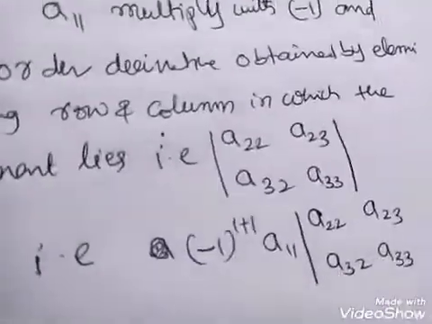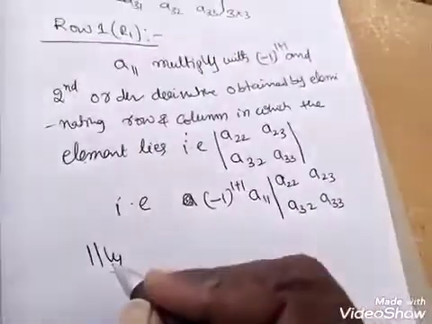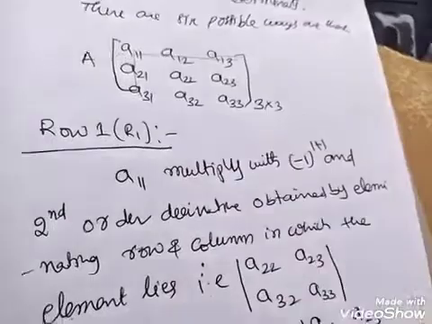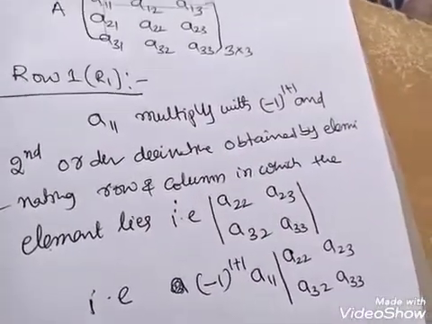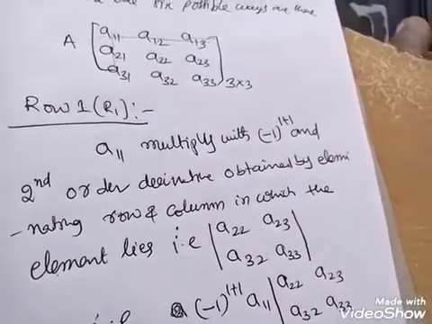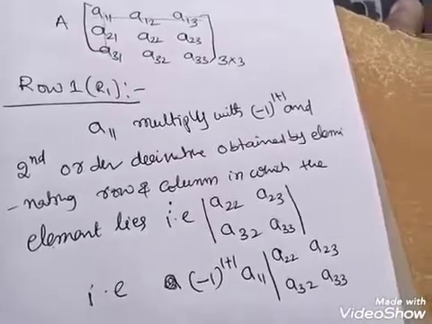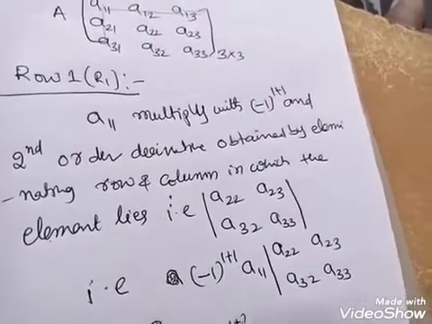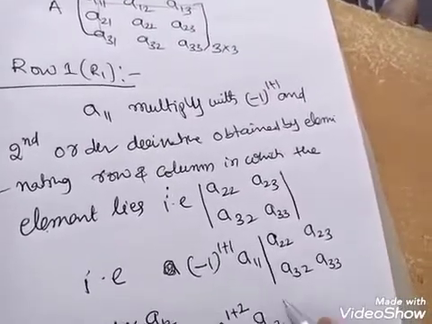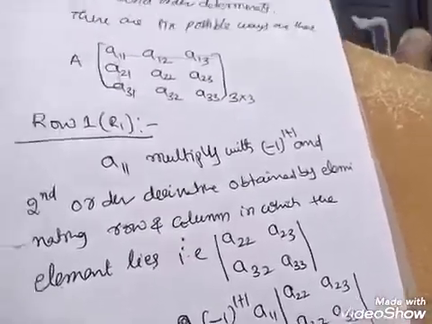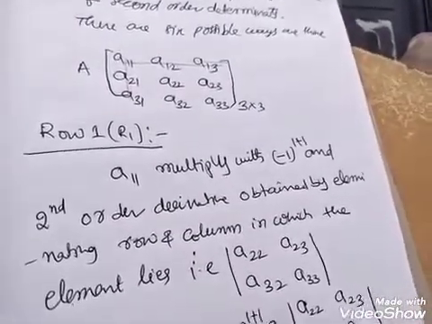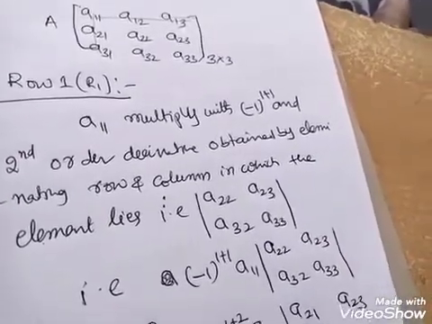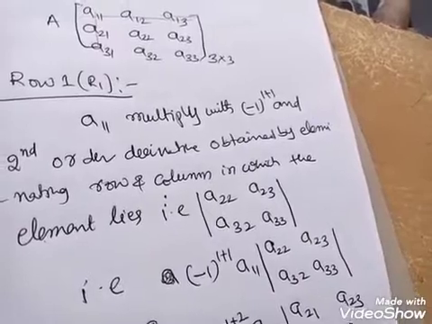Similarly, for A12, eliminate its row and column. We get minus 1 power 1 plus 2 into A12 into the determinant of A21, A23, A31, A33.